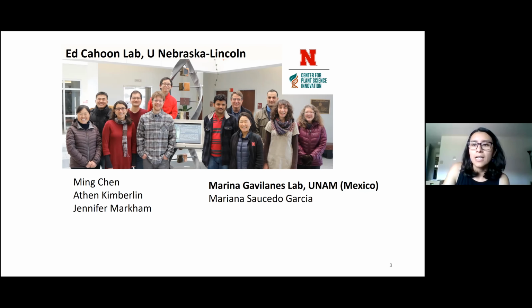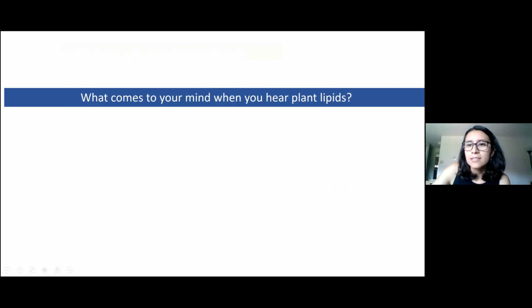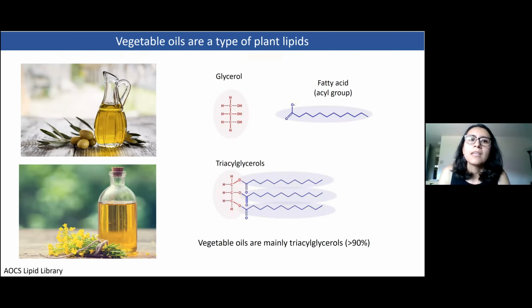And so first, I would like to start by asking all of you a question. What comes to your mind when you think about plant lipids? If you think for a moment, what are you familiar with? What do you think of first? Maybe some of you might be thinking about vegetable oils, which are a type of plant lipid. For example, here we have some pictures.